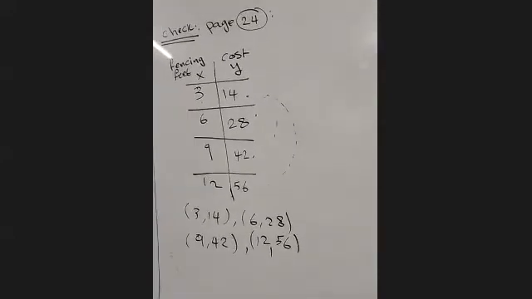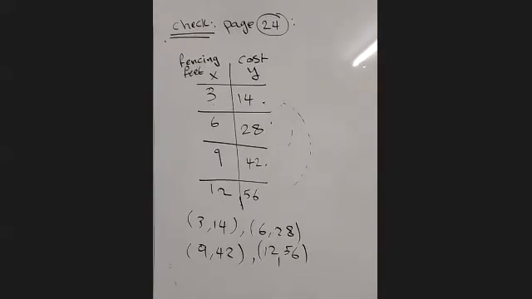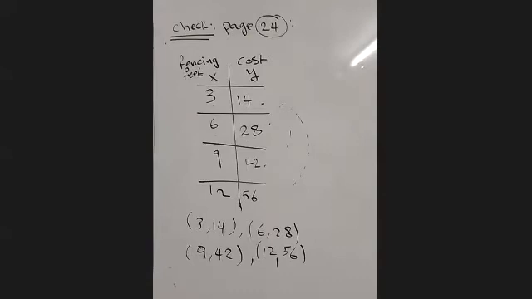Now, what will we do, guys? Who can tell me what we will do after we finish the ordered pairs? Ahmed Bardawil. Sir, I have a question. Why is it 56?